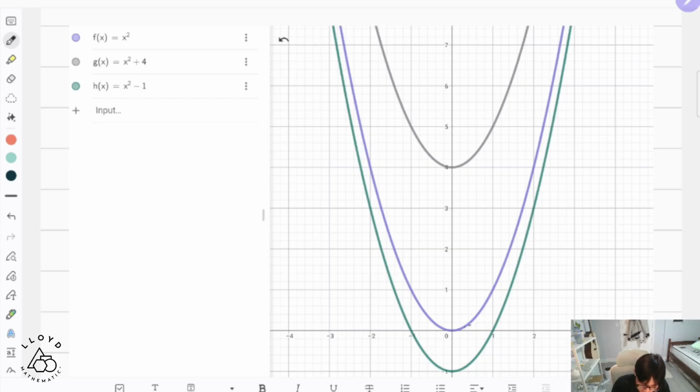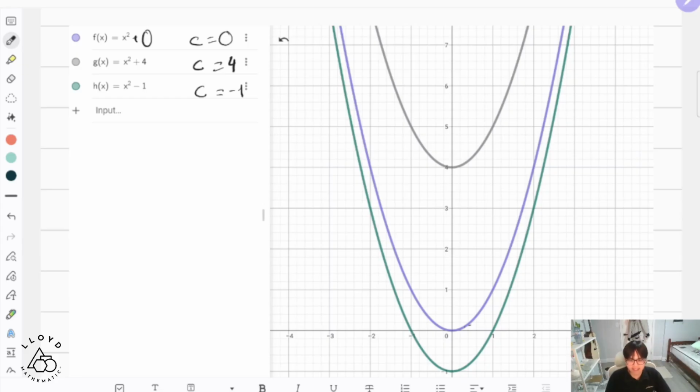And x squared minus 1 is lower than the other one, right? In this situation, the C number, which is plus 0 here, doesn't change anything. So C here is 0, C here is 4, and C here is -1.